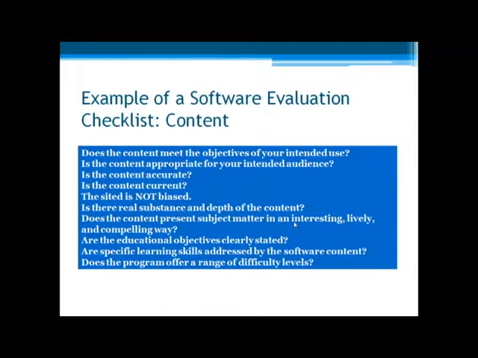Example of a software evaluation checklist. Content. In this example of the software evaluation checklist, the first criteria is content. What they mean by content is how well it meets objectives identified, how appropriate is the content of the software, how accurate is the content, how current is the software, how unbiased is it, how much substance and depth does the content have, how interesting, lively, and compelling is the content.